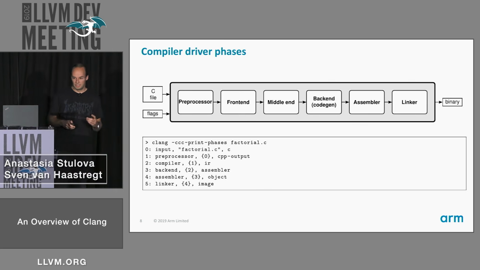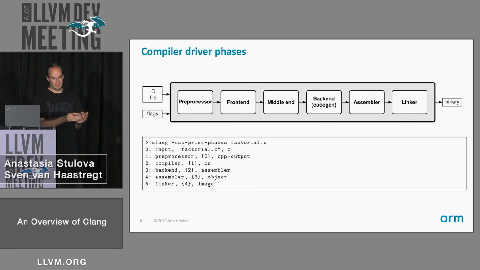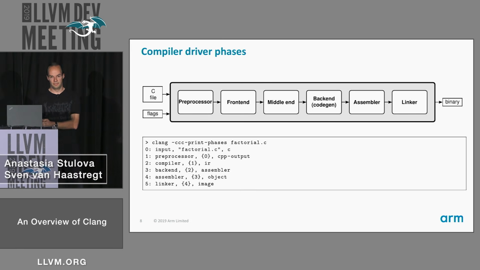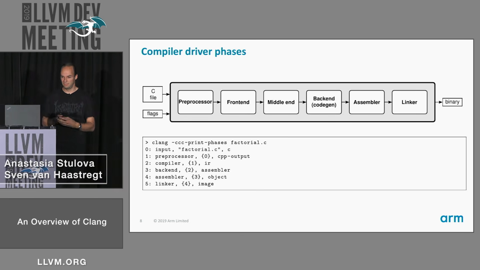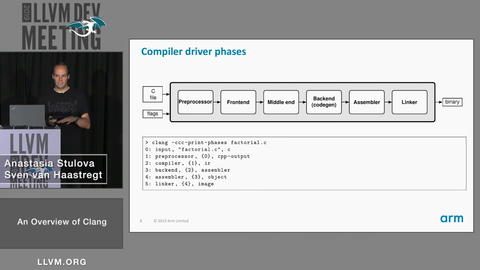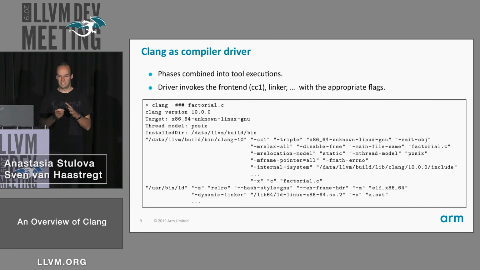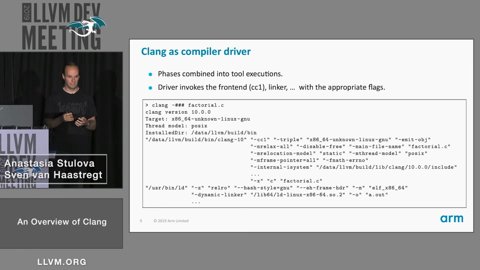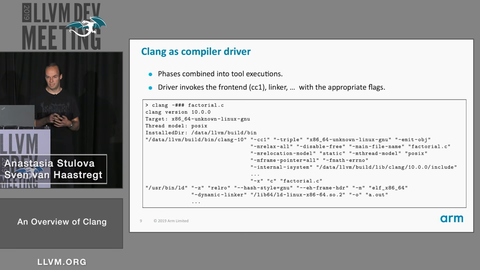Now, doing all these steps separately, like running the preprocessor, then saving the file, reading it back in and running the front end, then saving the file again and reading it back in, and so on, is kind of inefficient. So the next thing it does after figuring out what it needs to do is combine these different steps into tool executions, ideally fewer tool executions, so that you don't have to write out your intermediate state all the time and read it back in.